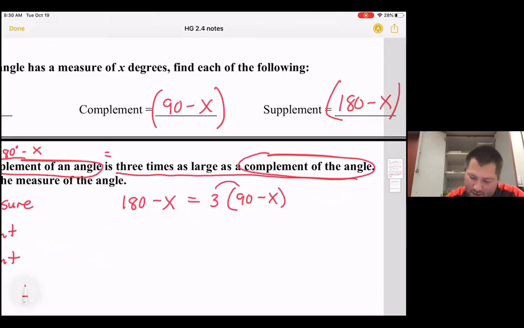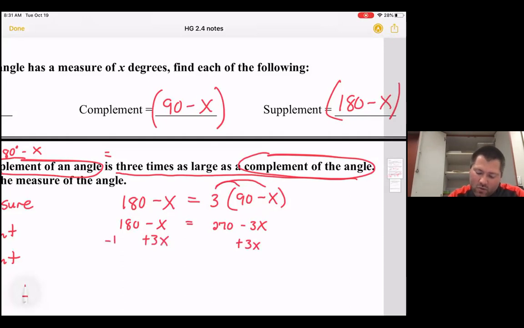3 times 90 is 270. And 3 times negative x is minus 3x. So 180 minus x equals 270 minus 3x. Now what I'm going to do is get all my x's on the left. So I'm going to cancel out the minus 3x by adding 3x.